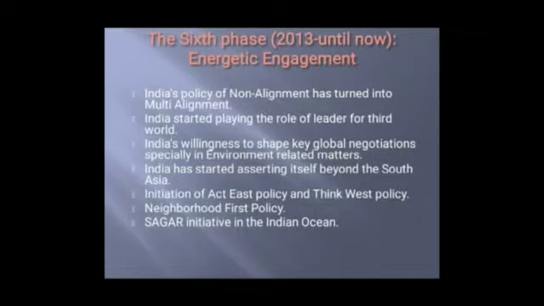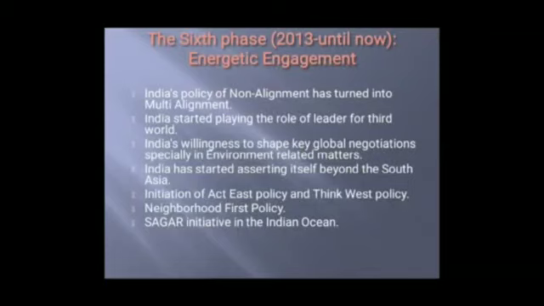So we could see the third point, India's willingness to shape key global negotiations, especially in environment related matters. Then the fourth point, India has started asserting itself beyond South Asia. How did it?